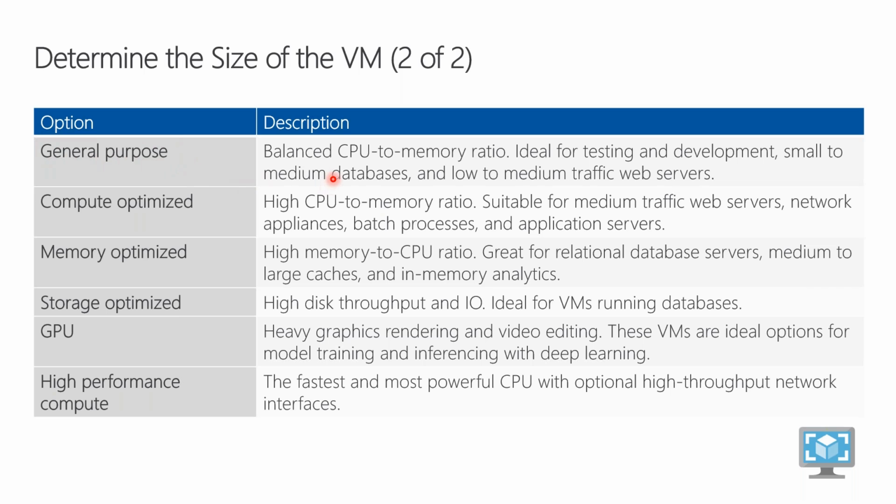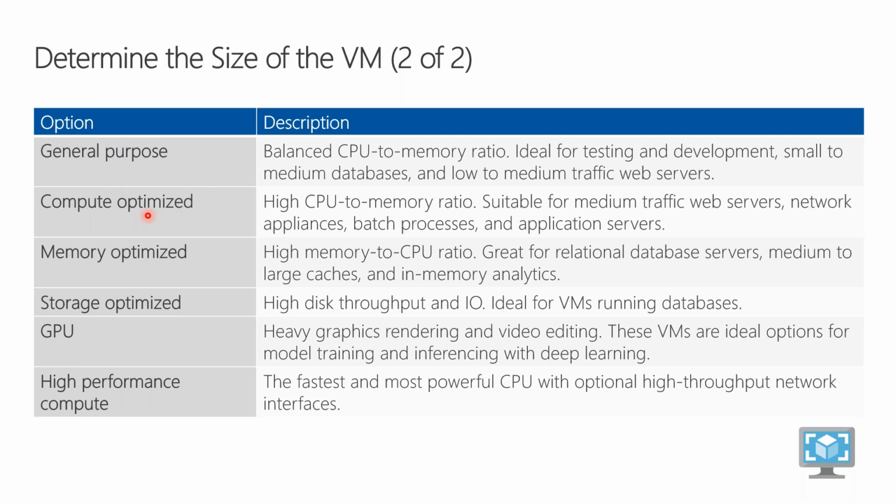If I'm installing some HR portal, or running some retail application, general purpose suits well. For our normal needs, with low to medium traffic, or web servers, you can go for general purpose. For most cases, if you are installing any application server, this should fit your purpose.